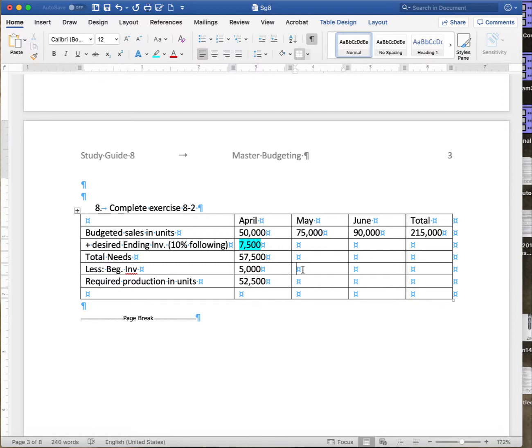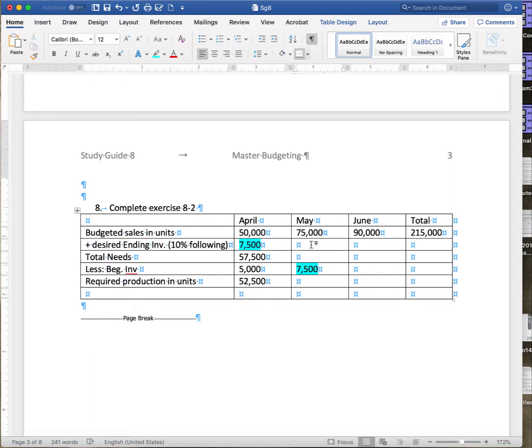We're going to start May with 7,500 units. Notice I color coded these because desired ending inventory and beginning inventory actually carry over from one month to the next. Remember, one month's ending balance is the following month's beginning balance.